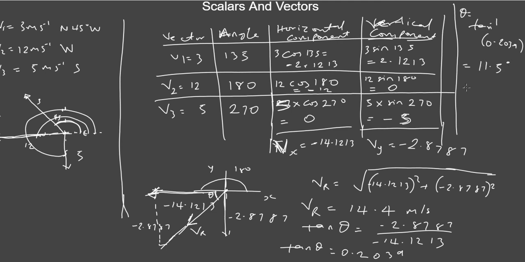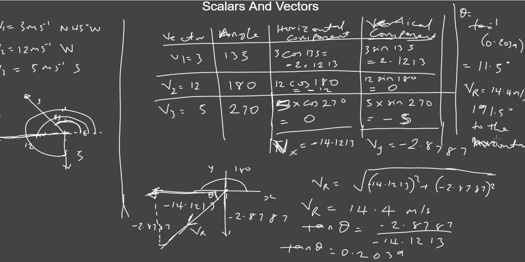So in summary, we can say that the resultant vector has a magnitude of 14.4 meters per second, and the direction is 11.5 degrees plus 180, which will give 191.5 degrees to the horizontal axis.